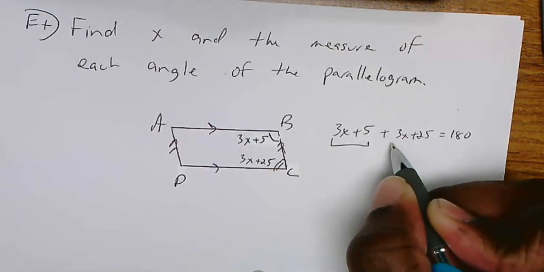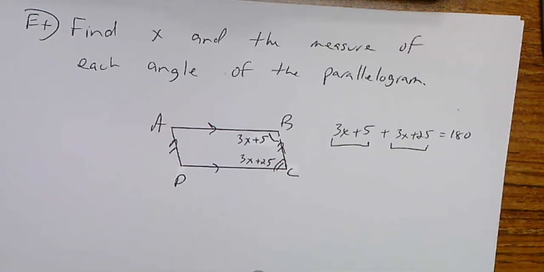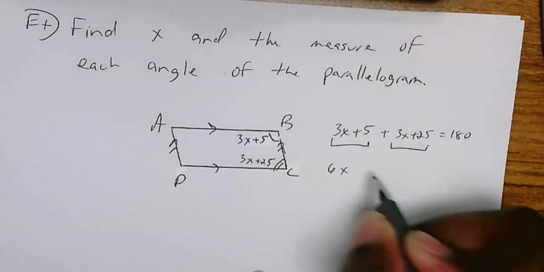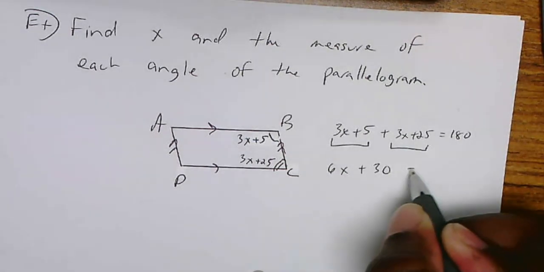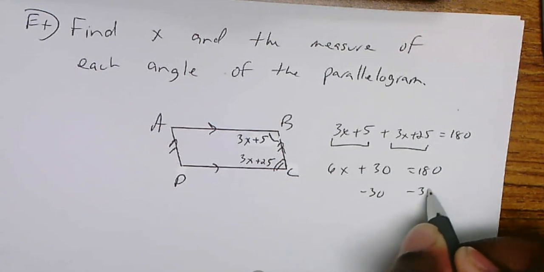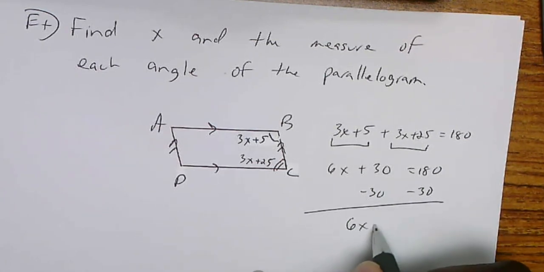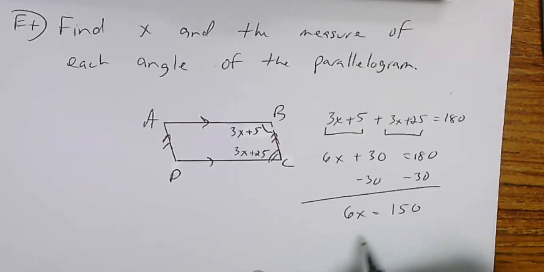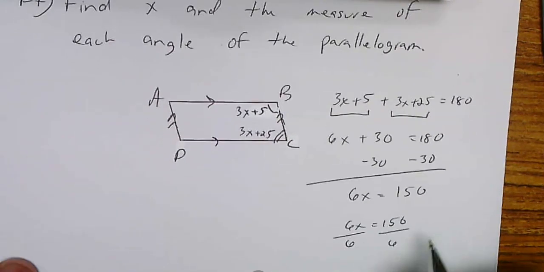So they're not equal to each other, but they add up to 180. So when you do the math, 6x plus 30 equals 180, and you subtract 30. So 6x equals 150. Now if you divide by 6, you should get x to be 25.